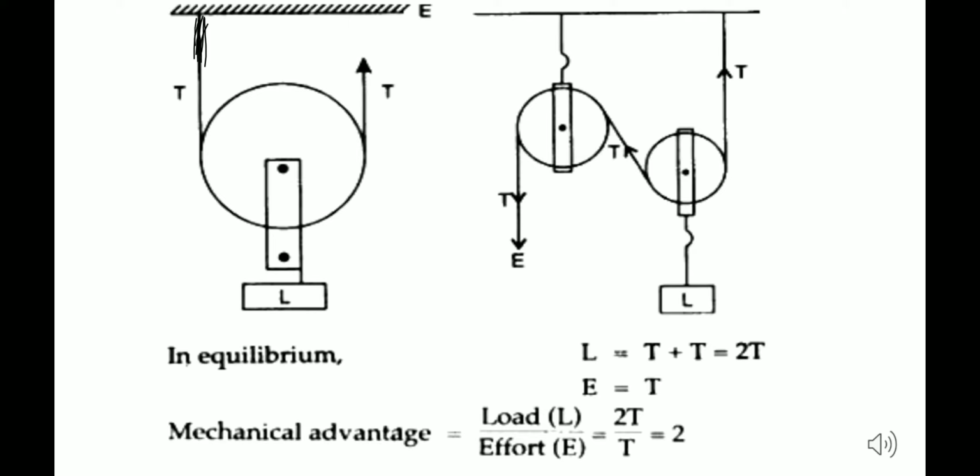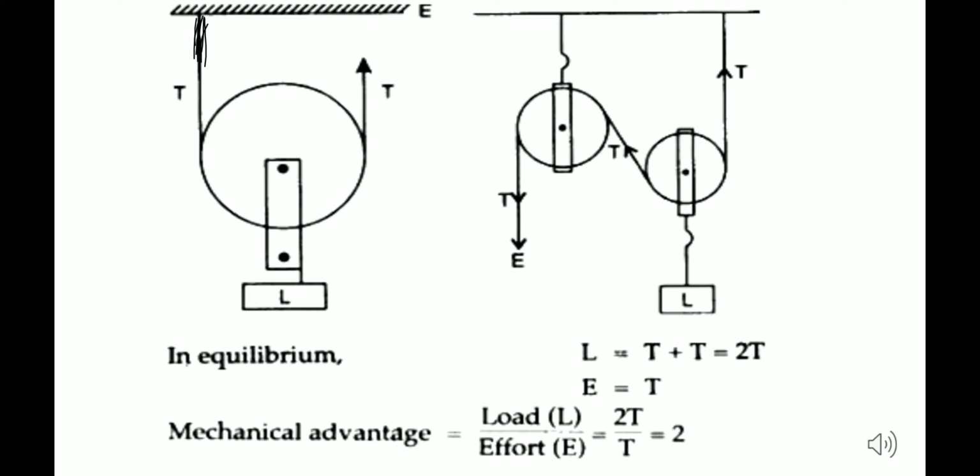Till now, in the movable pulley, you had to apply the effort upward. It is very inconvenient to apply an effort in the upward direction. So the fixed pulley has been used to change the direction of the effort, and effort can be applied in the downward direction. It is easy to pull something downward as compared to upward. Okay, so that is just a combination.